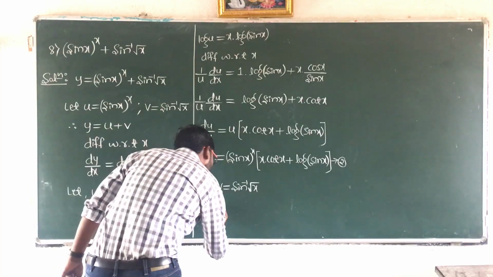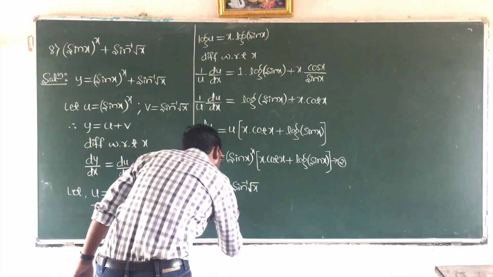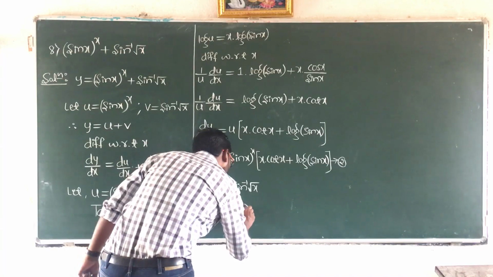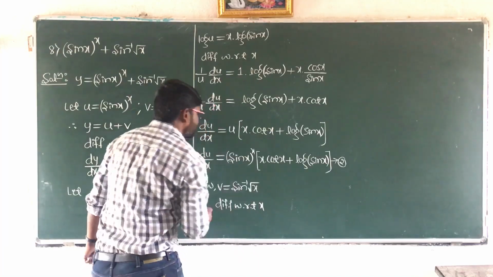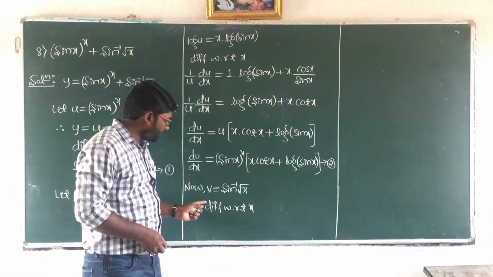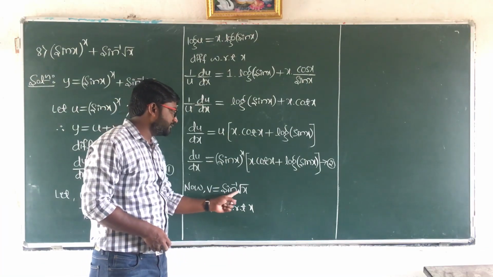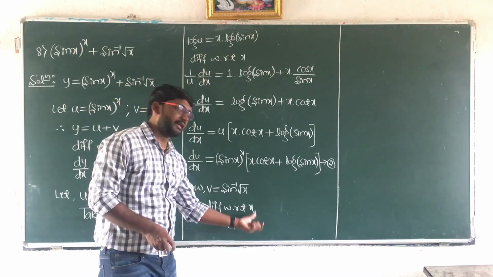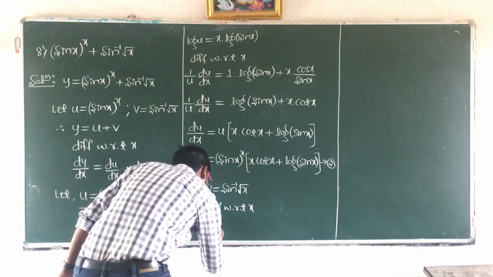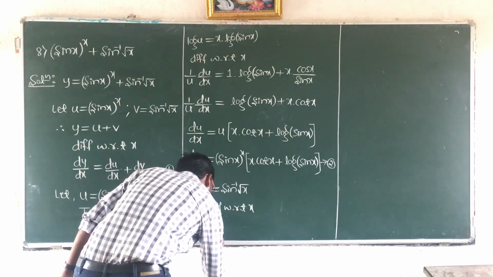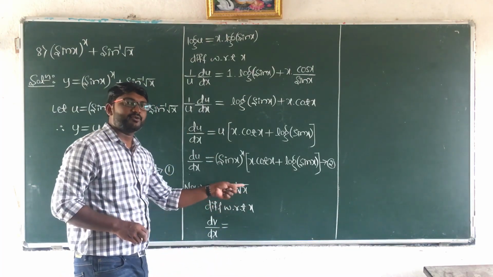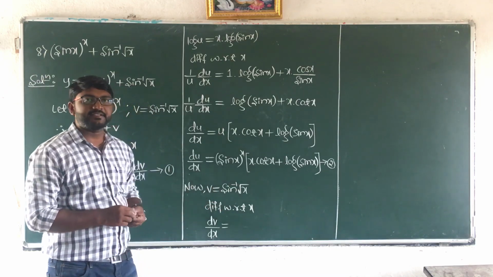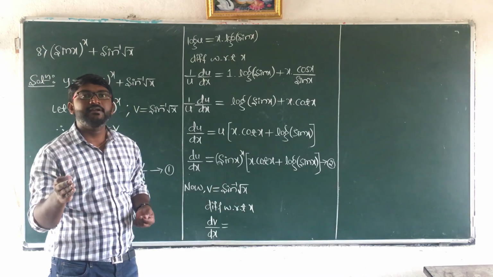So now differentiate with respect to x. We differentiate v which is equal to sin inverse root x with respect to x. So we get dv by dx, which is equal to, so now we have to solve this by chain rule. What is the derivative of sin inverse x? 1 divided by under root 1 minus x square.